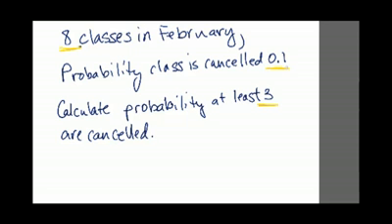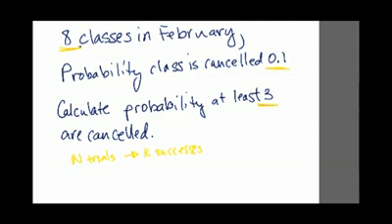That's always binomial. Out of n trials, what is the probability of k successes? That's binomial. So, n trials, k successes.